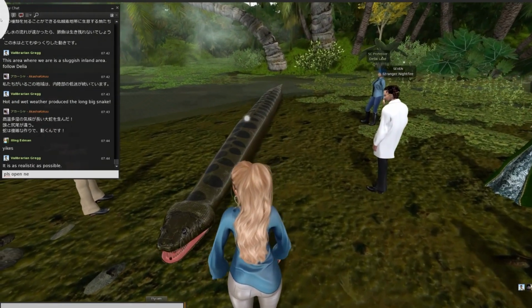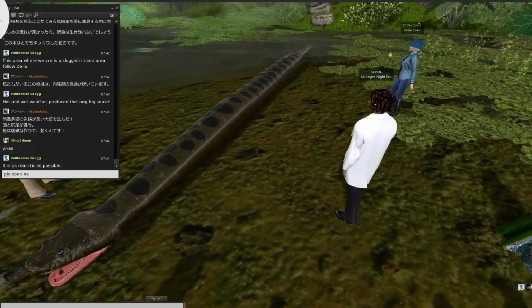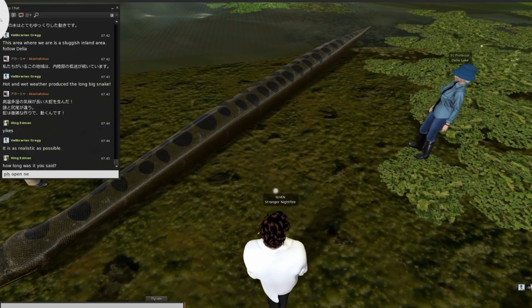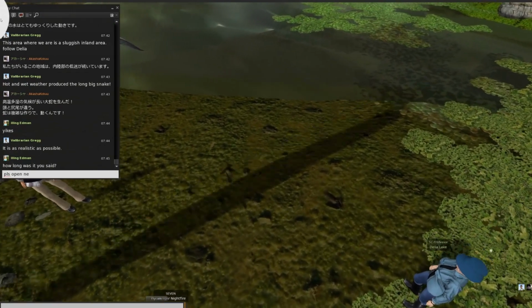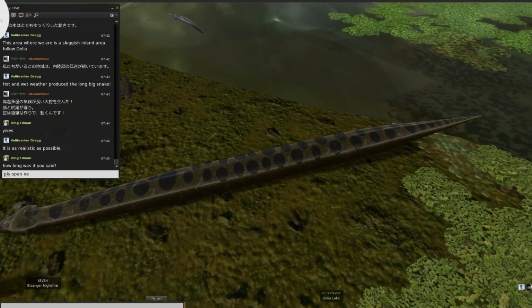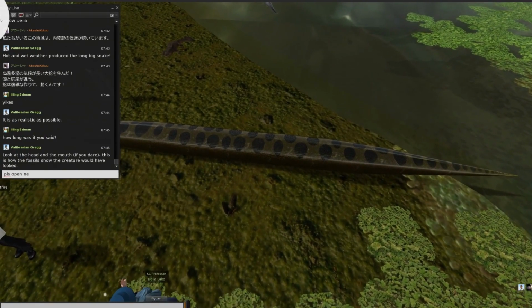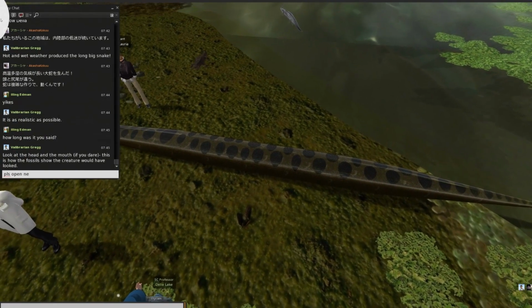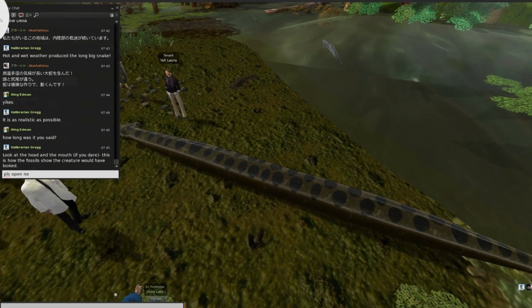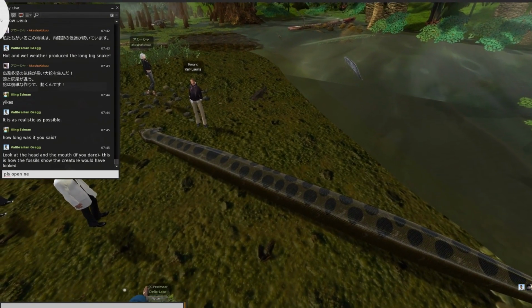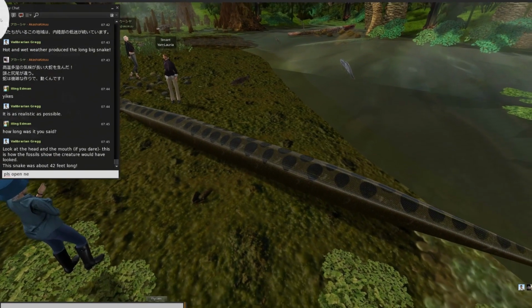The other thing that I want to say about this snake before we move it around is how long was it? It was roughly, the one that they found was 42 feet long. That's a big snake.